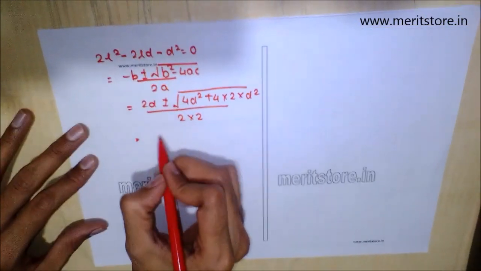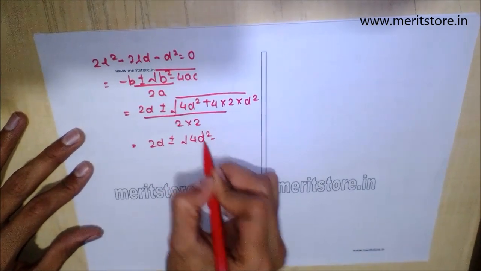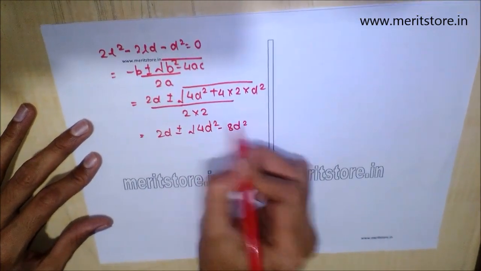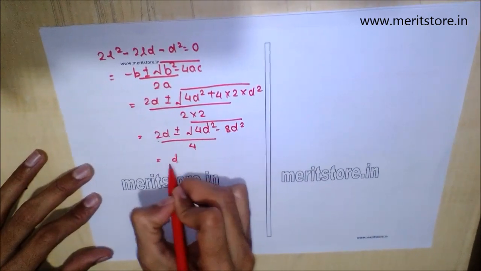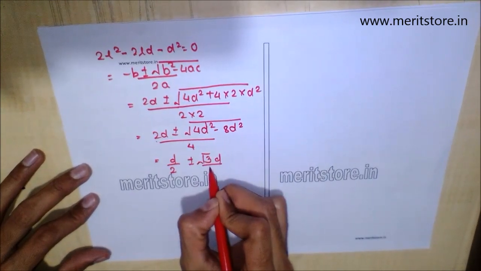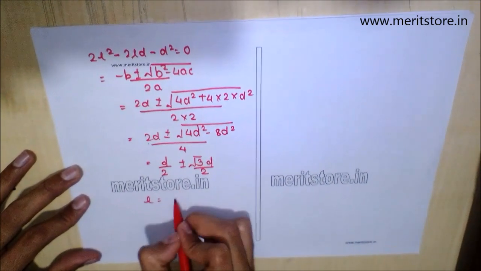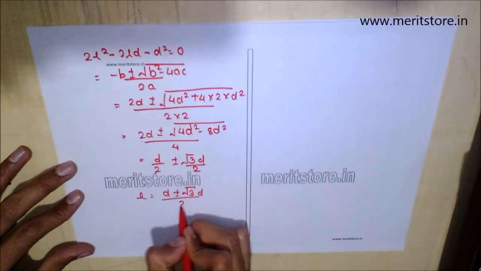So the entire equation comes to 2D plus minus under root 4D square plus 8D square, upon 4. On solving we get L equals D by 2 plus minus root 3 D by 2. So L becomes D plus minus root 3 D by 2.